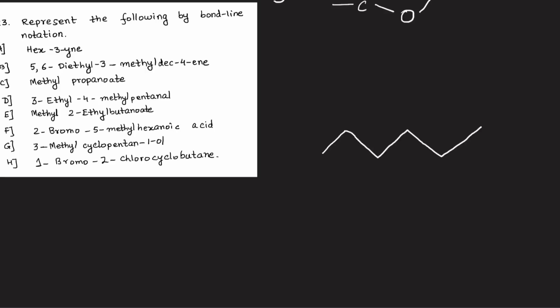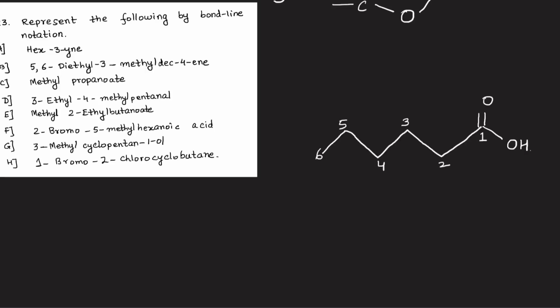Right hand side, if you are comfortable, you can do that as well. So let me do this as C double bond O and OH, right? So this becomes my position number 1, 2, 3, 4, 5 and 6.